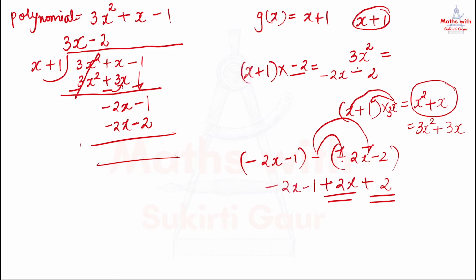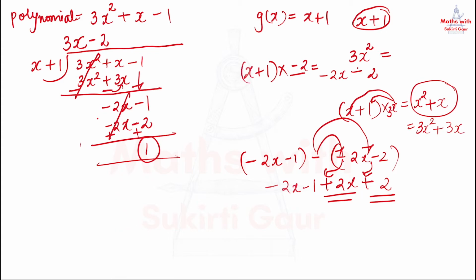Means the minus became plus, minus became plus. So you just have to reverse the sign. Every time you just have to reverse whatever sign you are getting in the divisor. After this we see minus 2x plus 2x will cancel out and minus 1 plus 2 will give us 1.